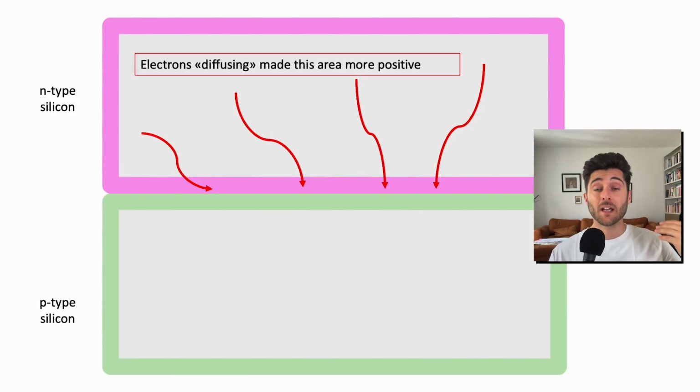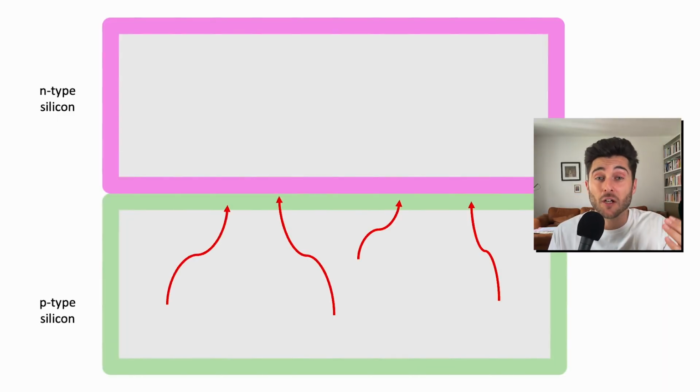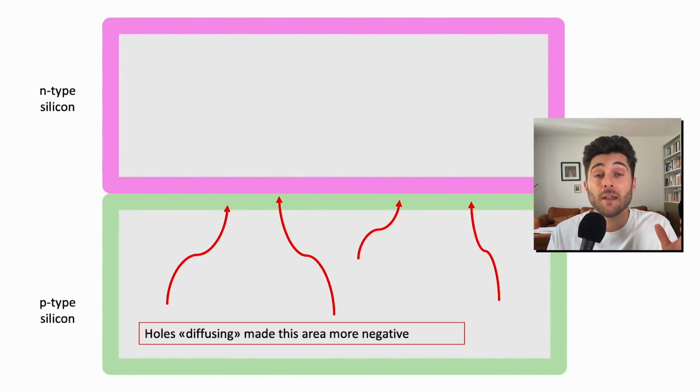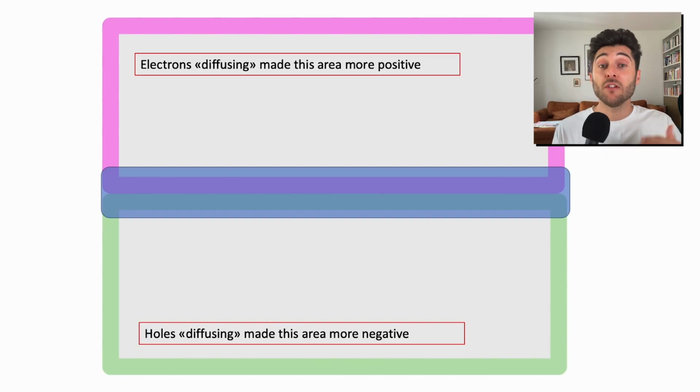So, as a result of joining these 2 layers, the N-type layer has become slightly more positive because of some of the diffusion. The P-type layer's holes also diffuse, and a diminishing of these positive particles makes the area slightly more negative. In between, we have a neutral area, also referred to as a depletion region. In this region, the previously described diffusion took place.